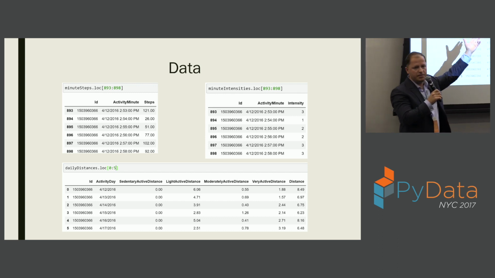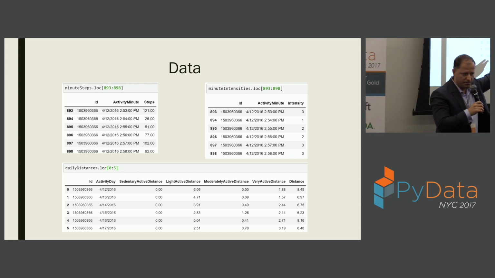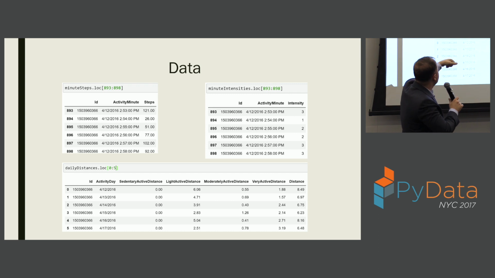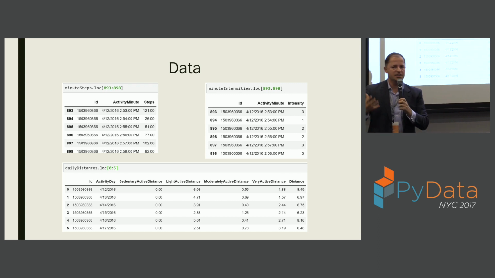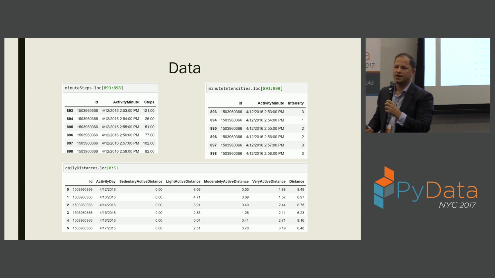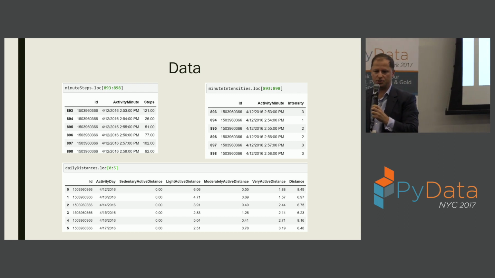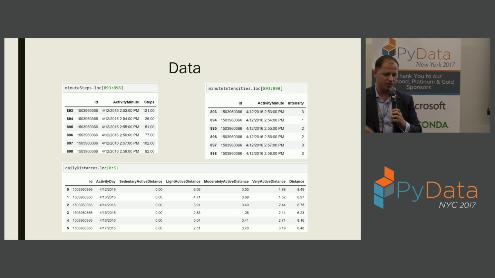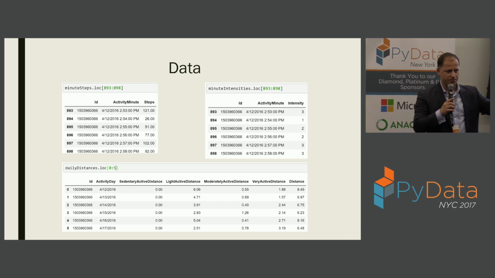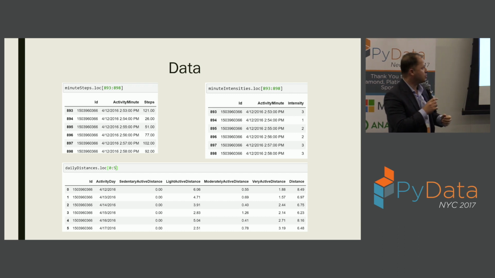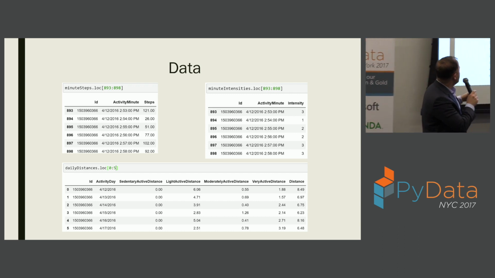It lists the steps the observed unit made per minute. The minute intensities data estimates how intense the step was. In other words, if I'm walking from here to the next chair, the intensity would be 0.